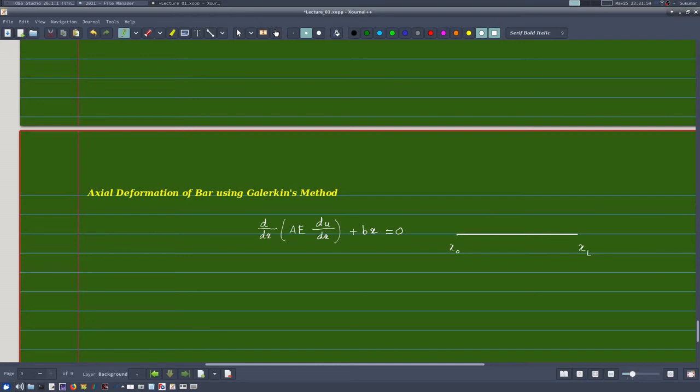So I may have either displacement boundary condition or force boundary condition in these ends.